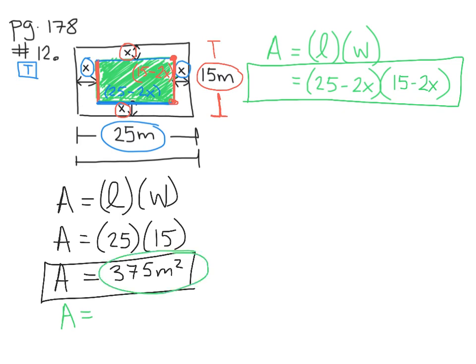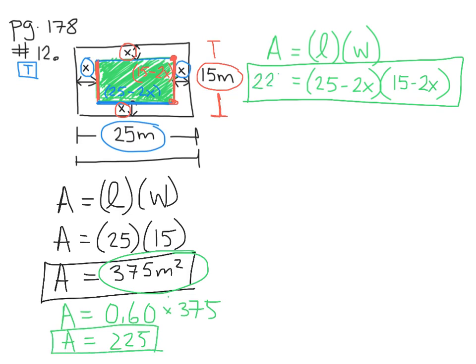So 60% of that. The way we find 60%, as a decimal is 0.60, and you multiply that by 375, and you will end up with the area of the green being 225. Okay, so instead of writing A up here, we're going to write 225.